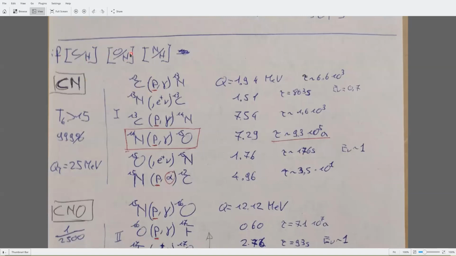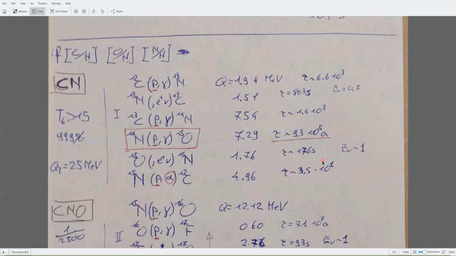Essentially these are just the catalyst for the reaction. There are several reactions, entering one proton each time, and then the release of one alpha particle, helium-4, with this chain where each step produces a little energy.